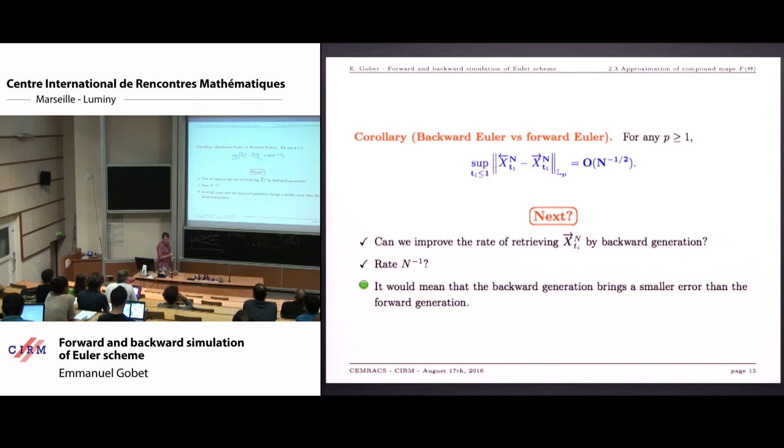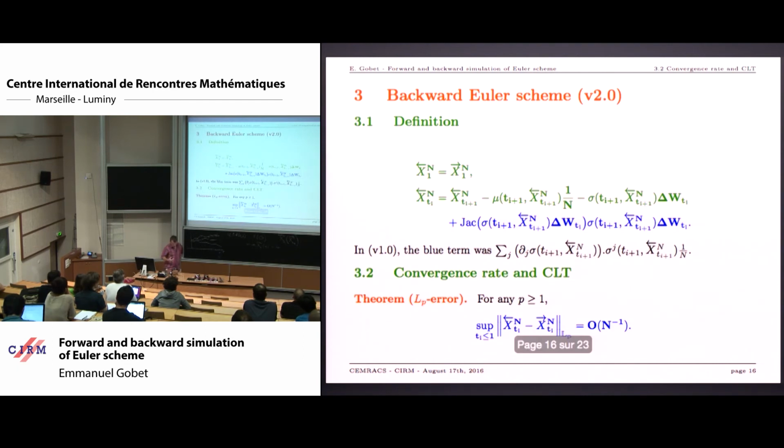And so here we would like to introduce something which is smaller than 1 over square root n. Just by reverting the generator, we don't modify too much the accuracy of the Euler scheme. So the question is, is it possible to have 1 over n? Of course, if we just apply the previous argument with the same scheme, it's not possible. So we have to modify the scheme, and this is the second version of the scheme.